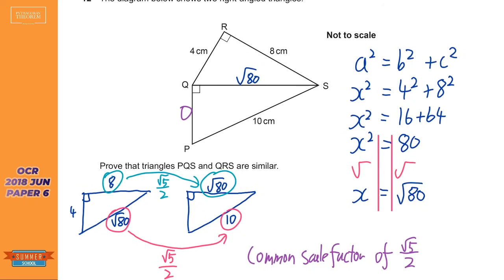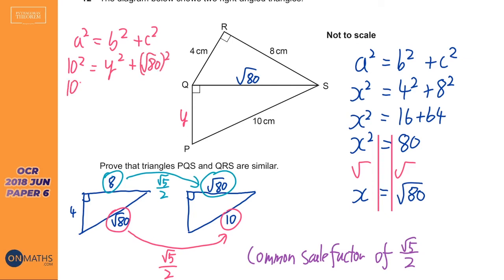So let's call this, I don't know, y. And so it would be a squared plus b squared. Oh, a squared equals b squared plus c squared. A squared would be 10, so 10 squared equals, and it doesn't matter which way around we do, so y squared plus root 80 squared.